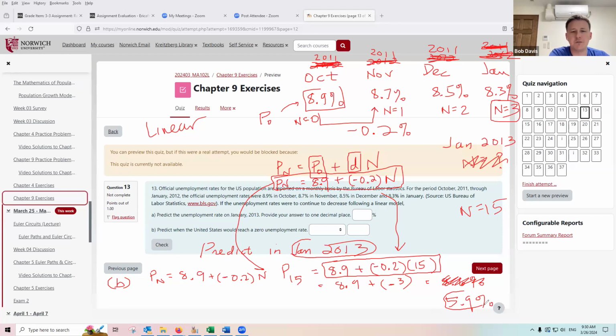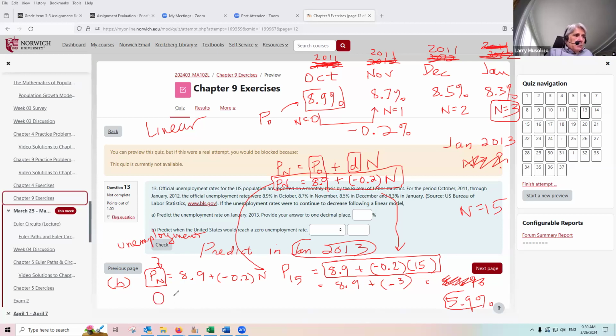I mean, this is one of those where I can see there's a pattern, but I can't yet see how to utilize it. And so what we're figuring out here, this P sub n is the unemployment rate at some time period. But they're telling us, when is the unemployment rate going to be 0? So I'm going to replace P sub n with a 0.